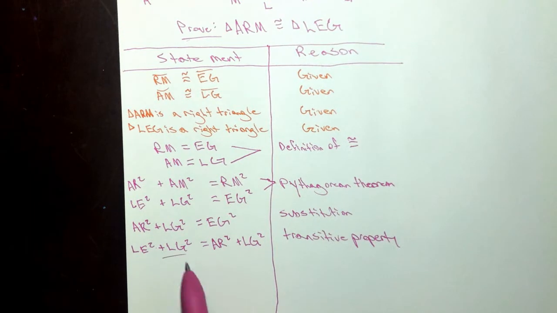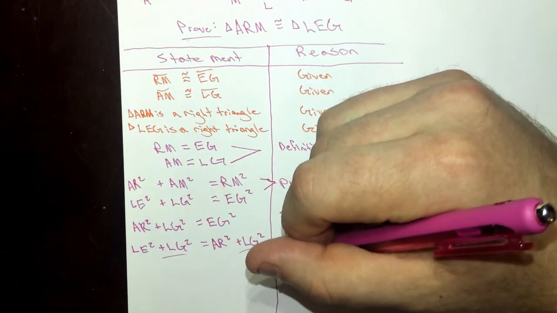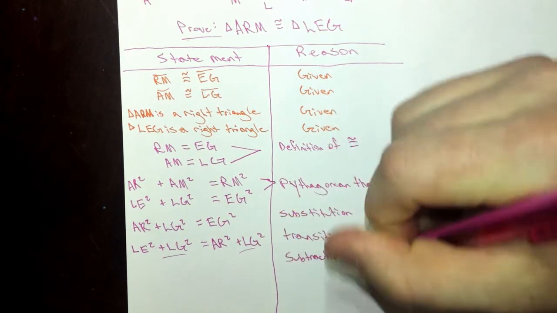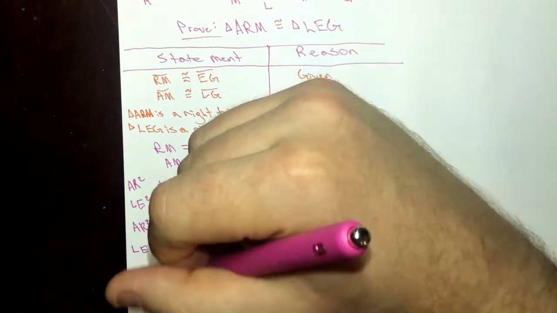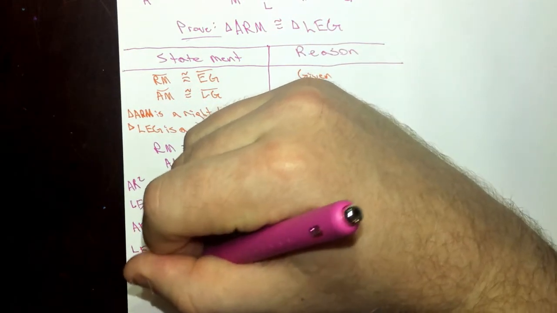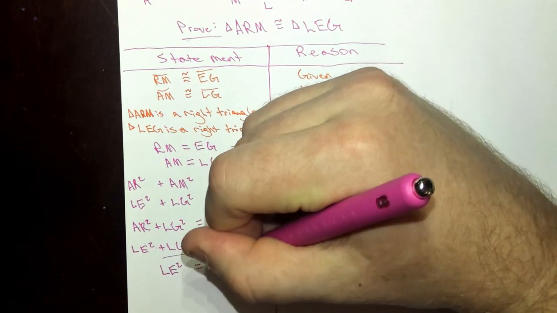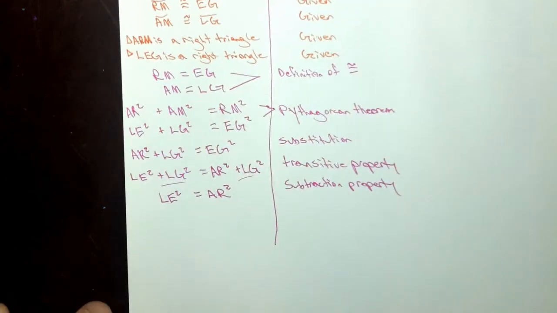And now I can use the subtraction property to subtract that LG squared from both sides of the equation. And then I'm left with LE squared is equal to AR squared from using that subtraction property.